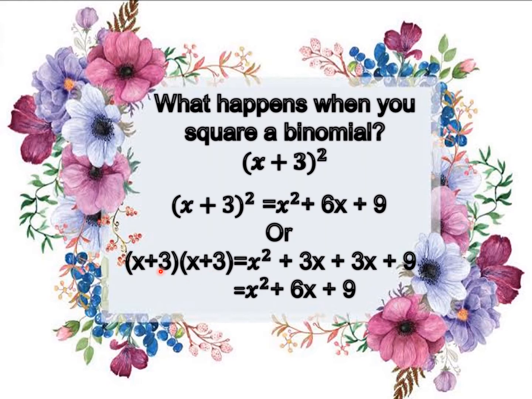Then x times 3, we also have 3x. 3 times 3 is equal to 9. So combining similar terms, 3x plus 3x is equal to 6x. So the answer becomes x squared plus 6x plus 9.